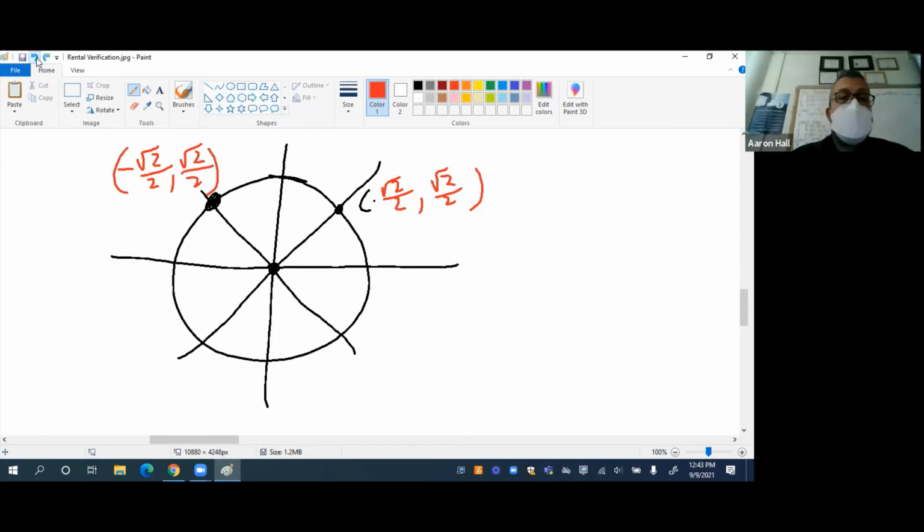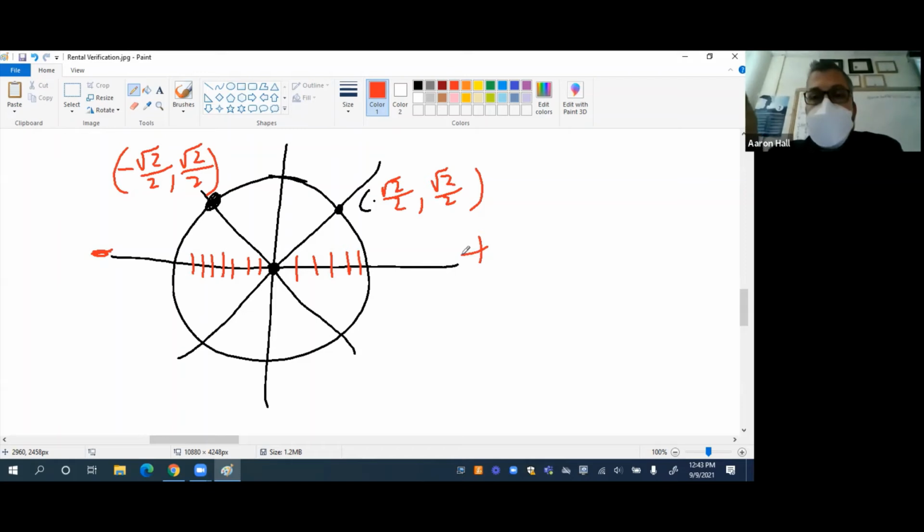On the negative x. If we go over here, this takes me further into the negative for my x value. This takes me into the positives for my x value. So my x value is negative, and so the cosine is also negative in the second quadrant.